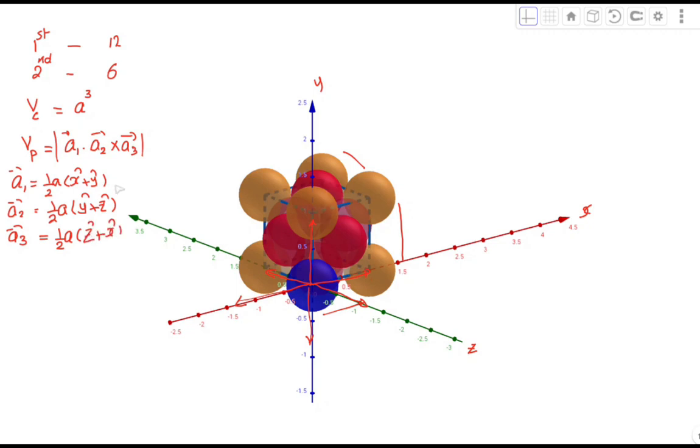Now you substitute this back in this formula here, you will find the volume of the primitive cell in FCC structure is equal to A cube over 4.